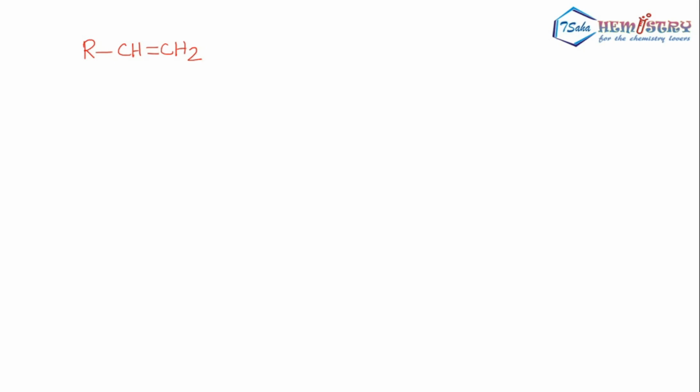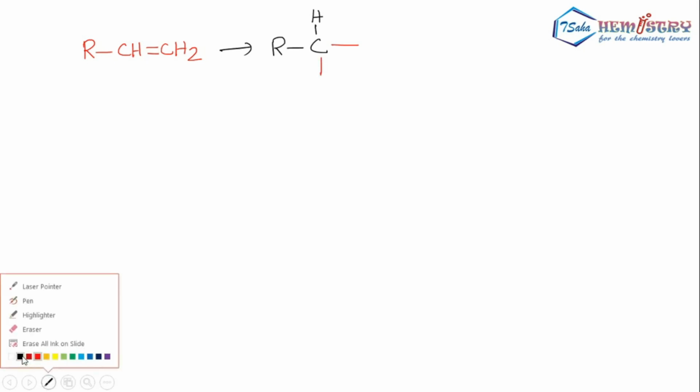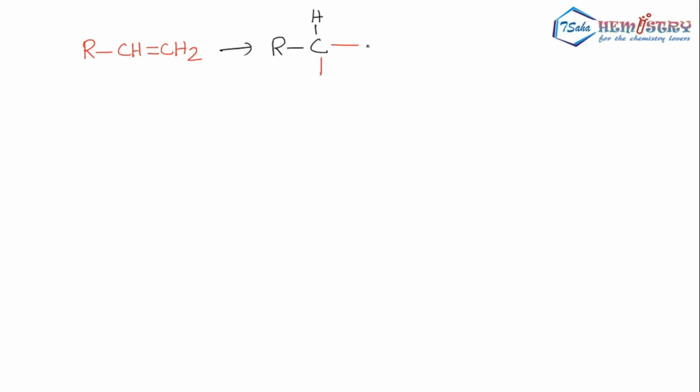Here you have RCH=CH2. Right now you are going to break this structure. So you get R, C, with hydrogen present over here. You are getting two new bonds for this carbon, and you have another carbon over here.